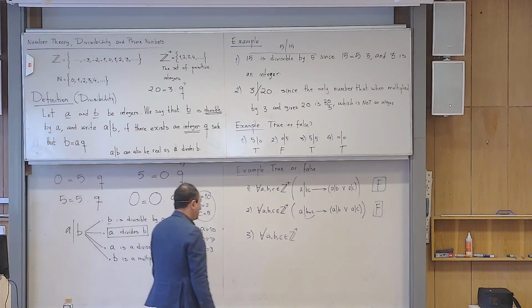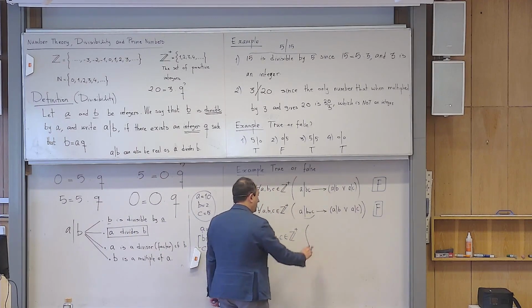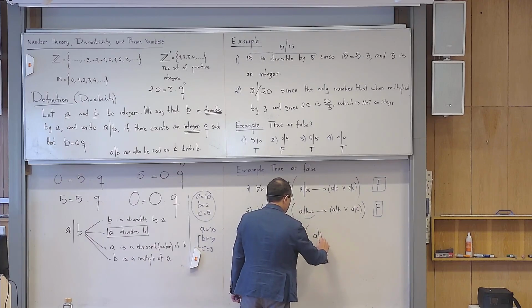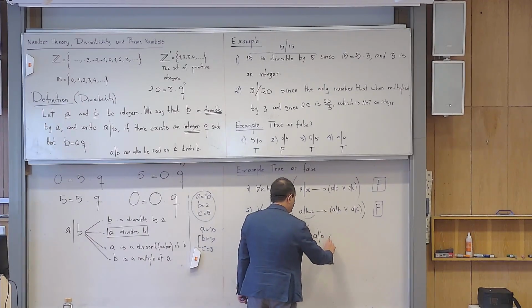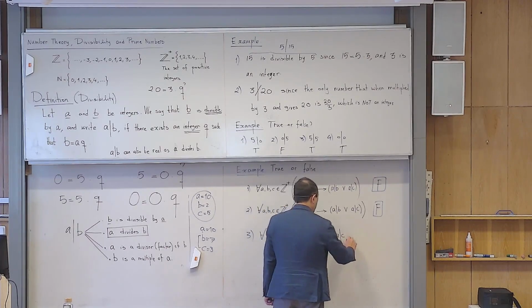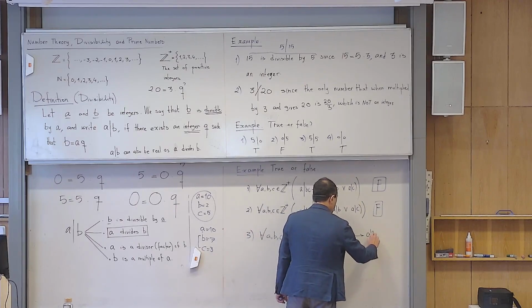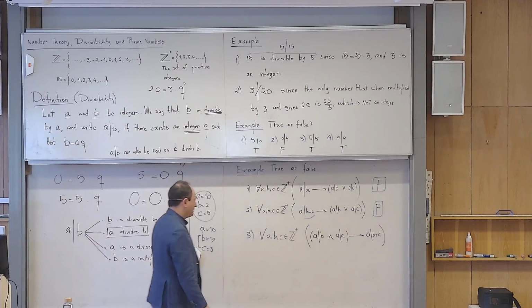That's the only reason. What do you think about this? If A divides B and A divides C, can I conclude that A divides B plus C? A little bit different, yes?